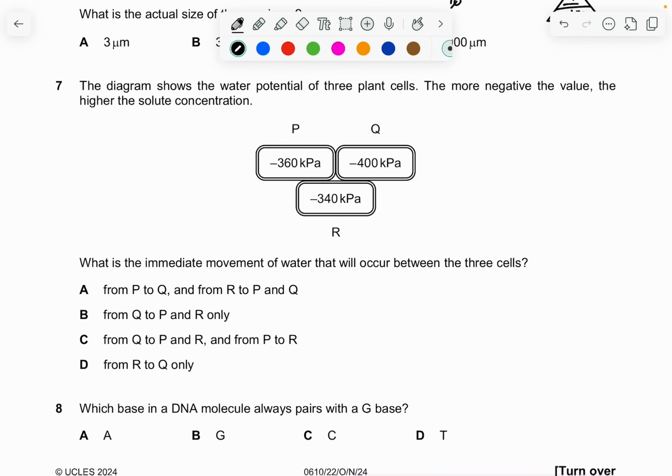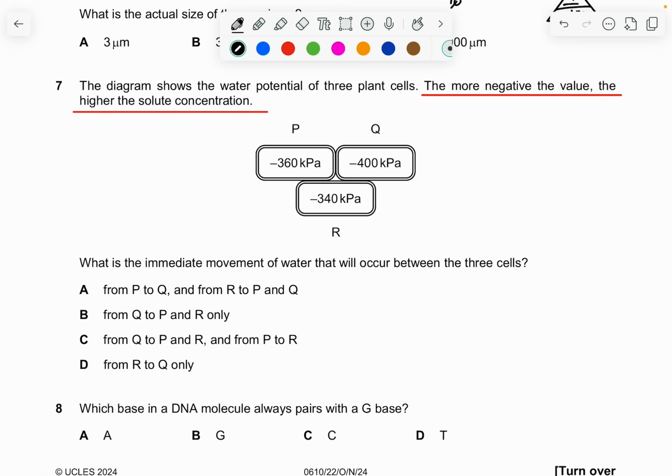Question 7. The diagram shows the water potential of 3 plant cells. The more negative the value, the higher the solute concentration. What is the immediate movement of water that will occur between the three cells? They've highlighted to you that the more negative the value, the higher the solute concentration.